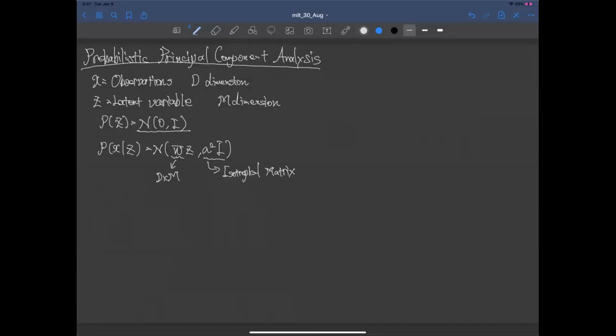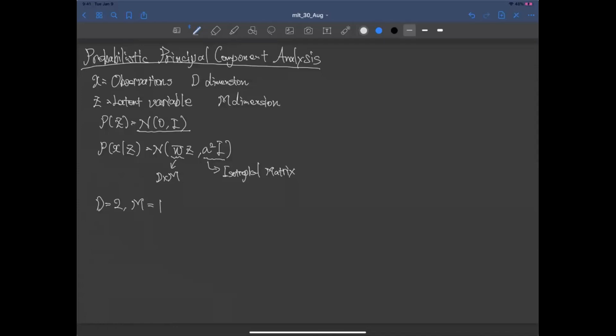As I have said, in a probabilistic approach the generative process is really important, so I'll explain it in a really simple case. Let's say the observation is 2-dimension, and the latent space is only one dimension.